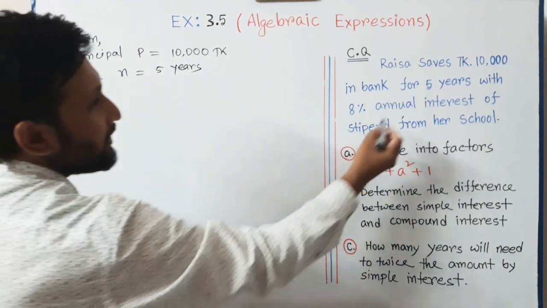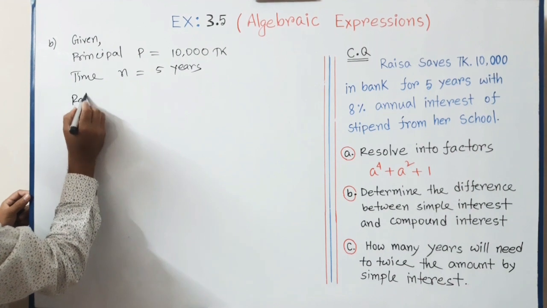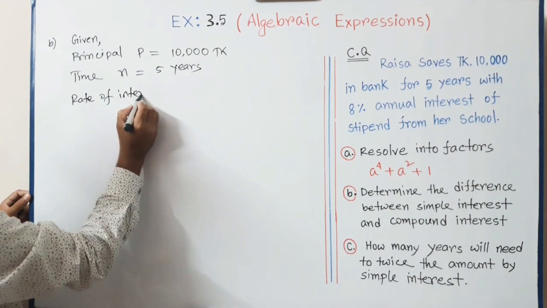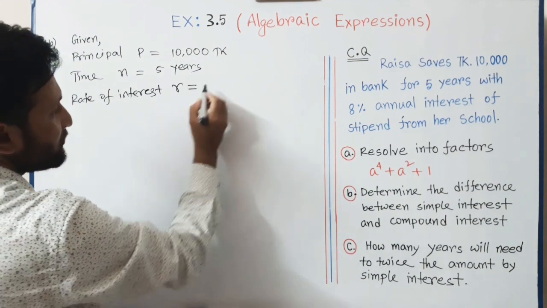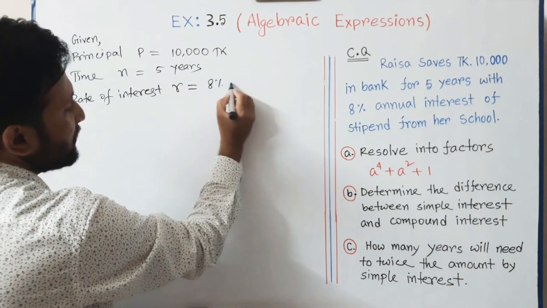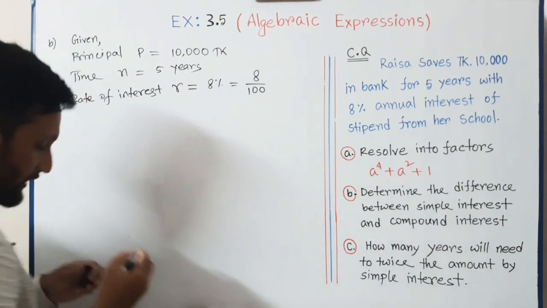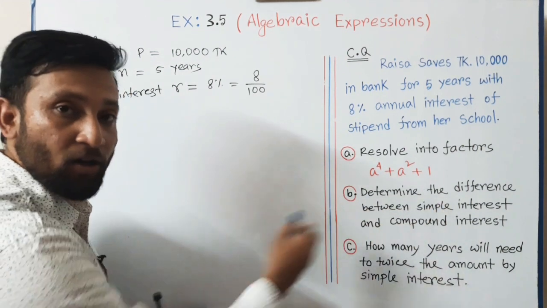And then the annual interest rate, that means rate of interest, denoted by R, equals 8%. We can write 8% as 8 divided by 100. Now firstly we have to identify simple interest and then compound interest.